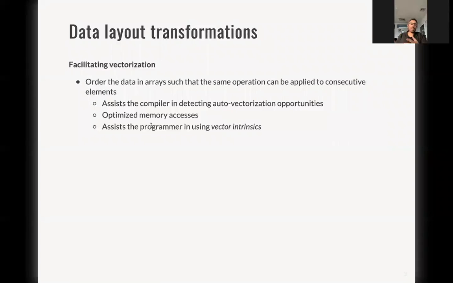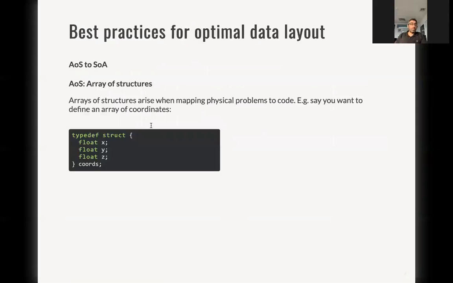So I've set up an exercise for you, which is still a bit of a fake exercise, but that will demonstrate a bit better how with a very small transformation you can see big speedups in the runtime of your code. So what I've set up is an exercise to demonstrate how you go from an array of structures to a structure of arrays. And I'll explain a bit what this means.